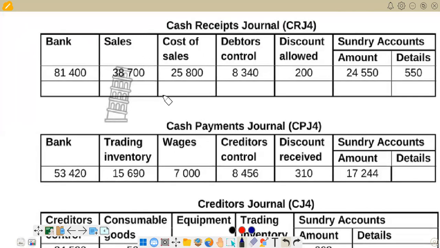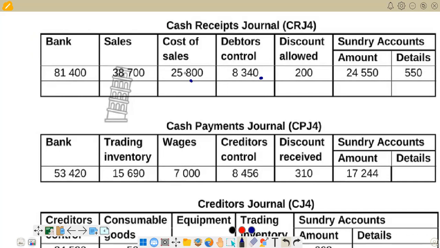So we want to look at the entries that are affecting the debtors control and the trading stock account. So in this journal, we are just going to look at the entries that are affecting the trading stock account and the debtors control account.